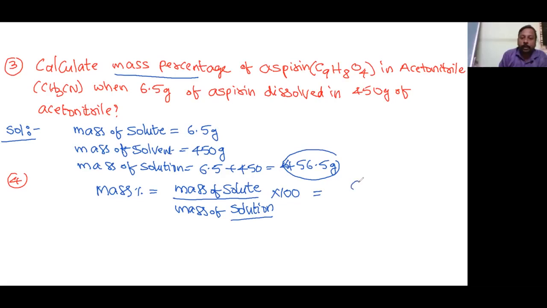So it will be 6.5 divided by 456.5 into 100. Then you will get the mass percentage, 1.424. I think you got the importance of every point.